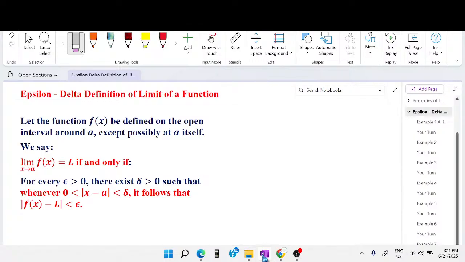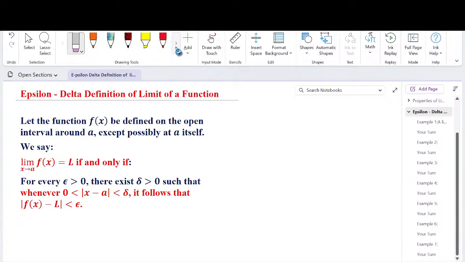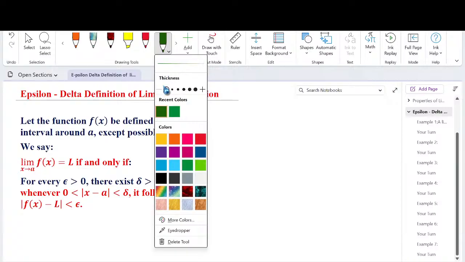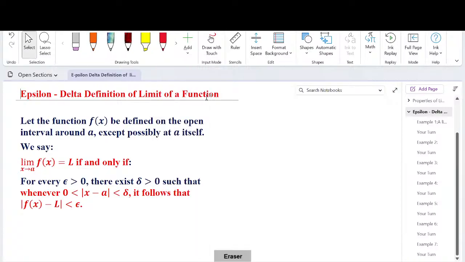Okay, so you already know that the limit of a function is what you are getting close to.